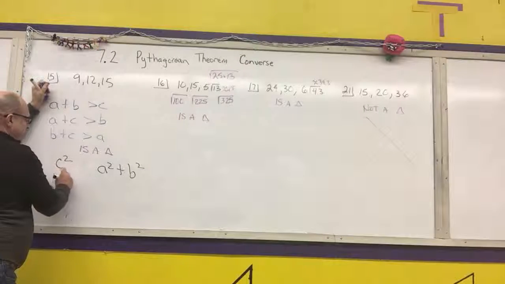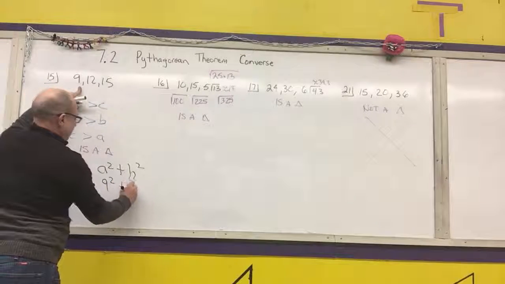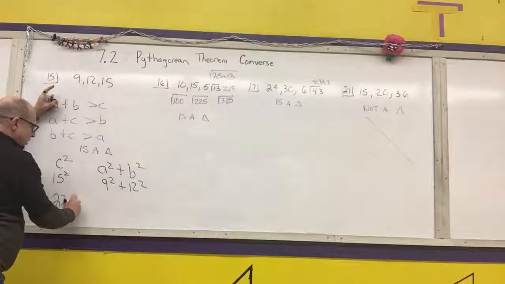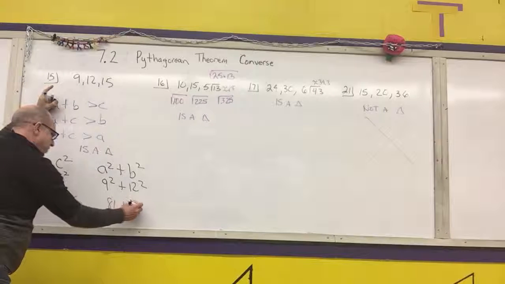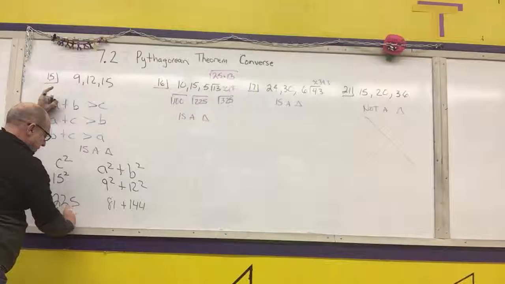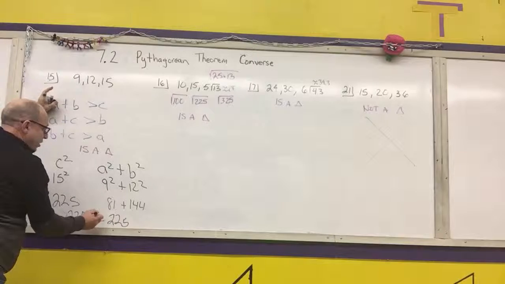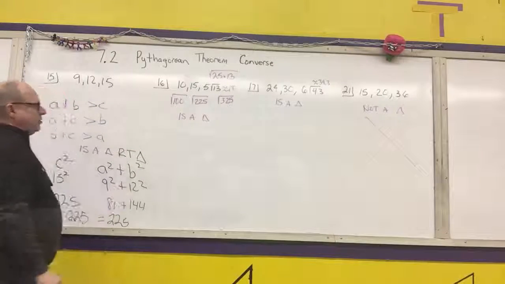So I'm going to write 15 squared, 9 squared plus 12 squared. 15 squared is 225. 9 squared is 81. 12 squared is 144. And this one would be 225. What is the relationship between 225 and 225? They are equal. So this one is a right triangle.